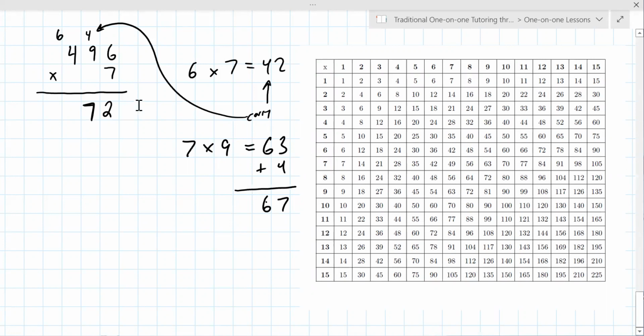So now you take the 7 and multiply it by the 4. What is 7 times 4? 28, and you add the carry, which is 6. What is 28 plus 6?